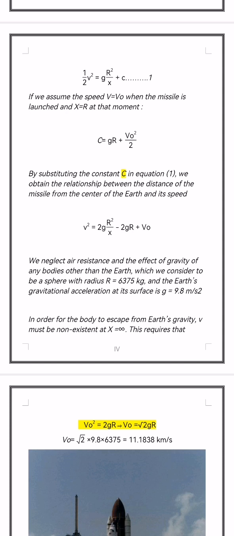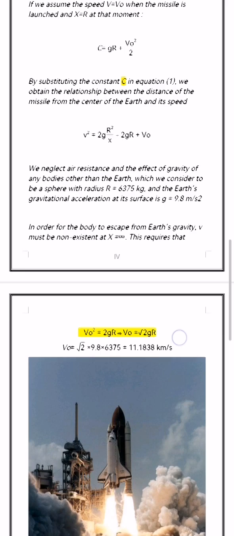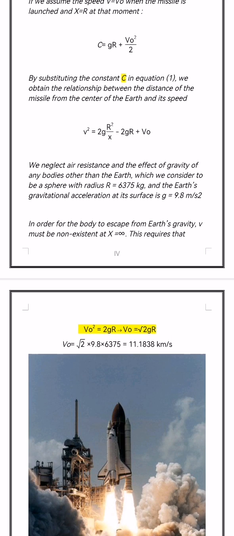In order for the body to escape from Earth's gravity, v must be non-negative at x equals infinity. That requires that v naught square equals 2gR, which gives us v naught equals the square root of 2gR.